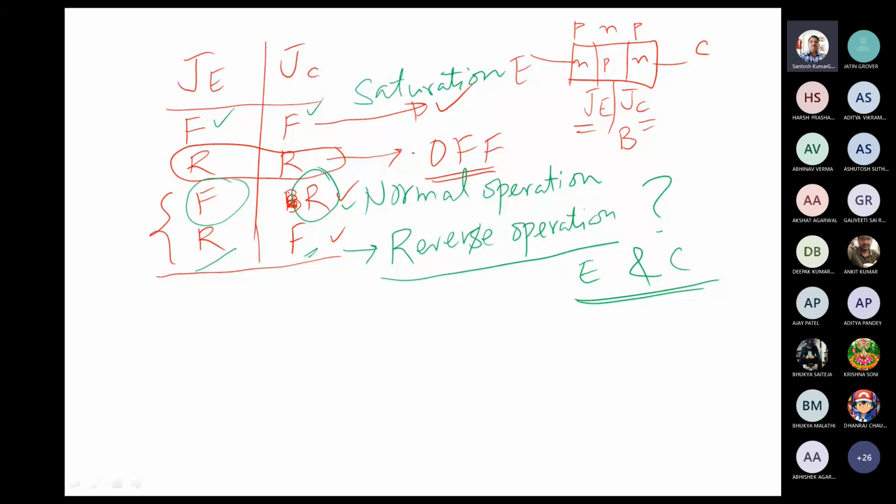So the characteristics which we get in normal operation may not be found when we operate the device in reverse operation. That's what we will see also. This device can be operated in reverse operation, but we cannot expect similar characteristics as in normal operation because emitter and collector are non-symmetric.